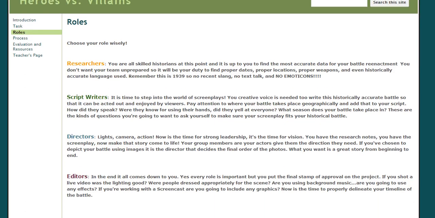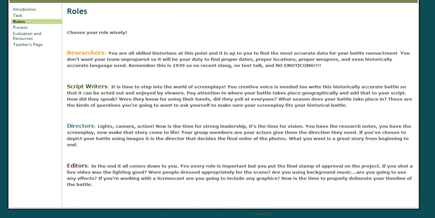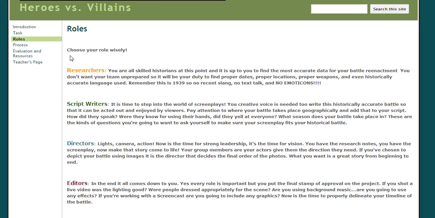Next would be the directors who will get their groups together and they choose between either making a YouTube video or a screencast. And they have everyone either act it out or they approve all the photos used. And the final role is that of the editors who come in and cut the video or fix the screencast, make sure things are in the proper order, make sure things are historically accurate, pay attention to little details.